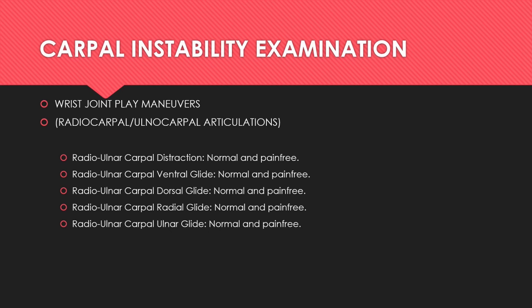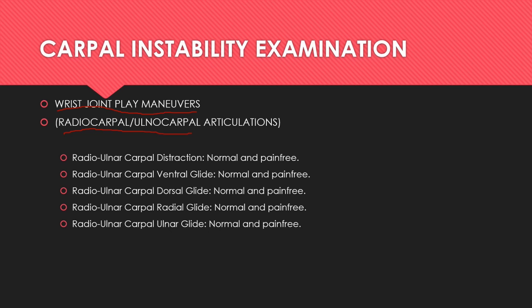For the non-dissociative forms of carpal instability, the physical exam involves various combinations of wrist joint play maneuvers that assess the distal radioulnar joint and its articulation with the proximal row of carpal bones. So this is the radiocarpal and the ulnocarpal articulations.